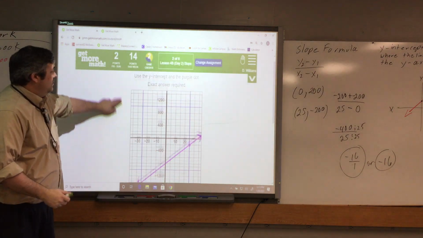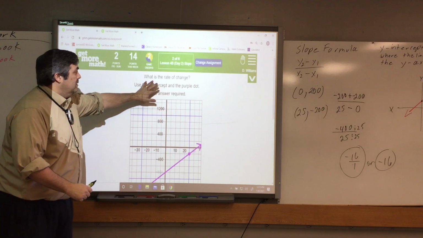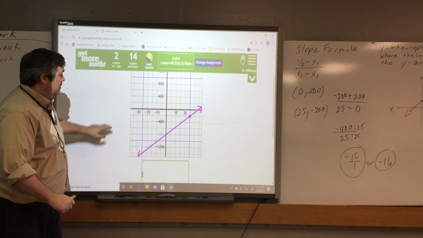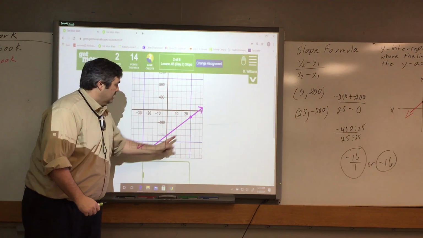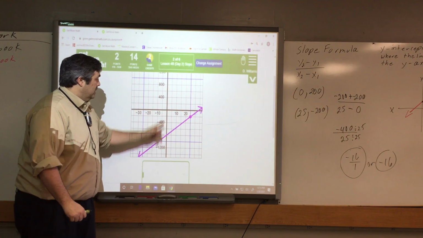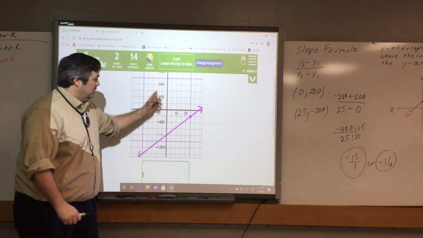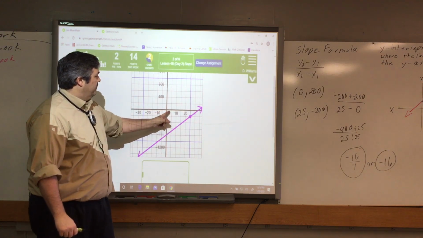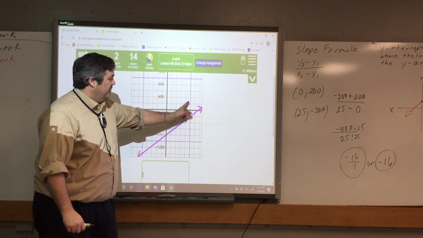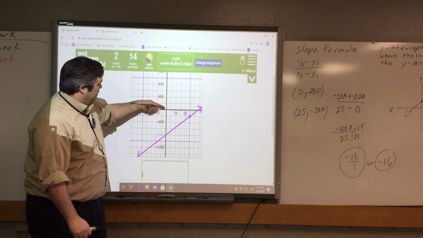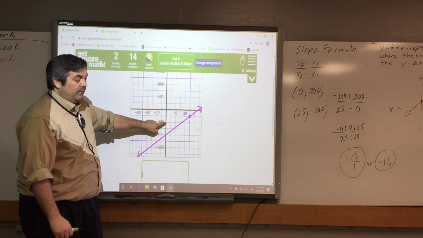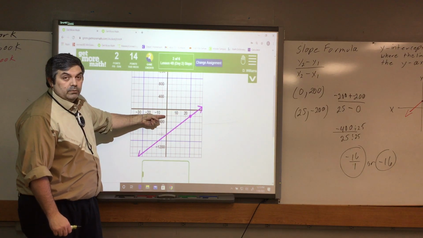Now look, same thing, same question, but now it's going up and your y-intercept is down here. Well, 0, negative 800, over here, you're going to count over 5, 10, 15, 20, 25, and then 0, negative 400, that's negative 200.